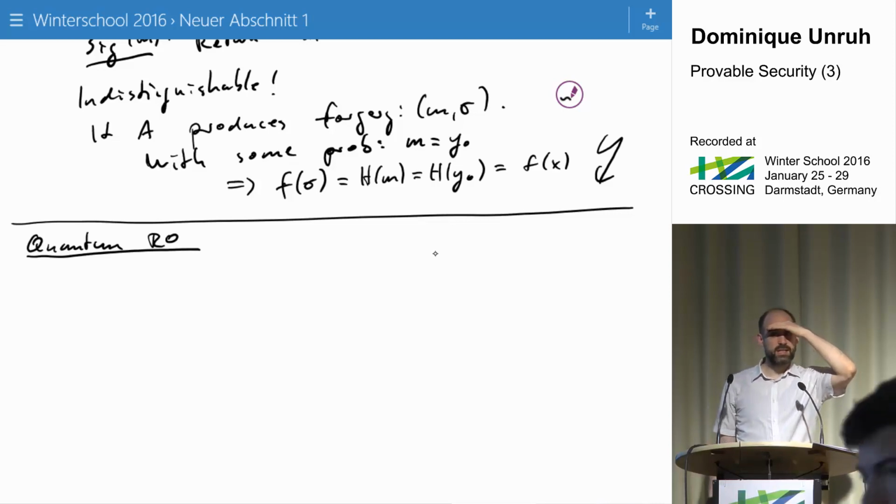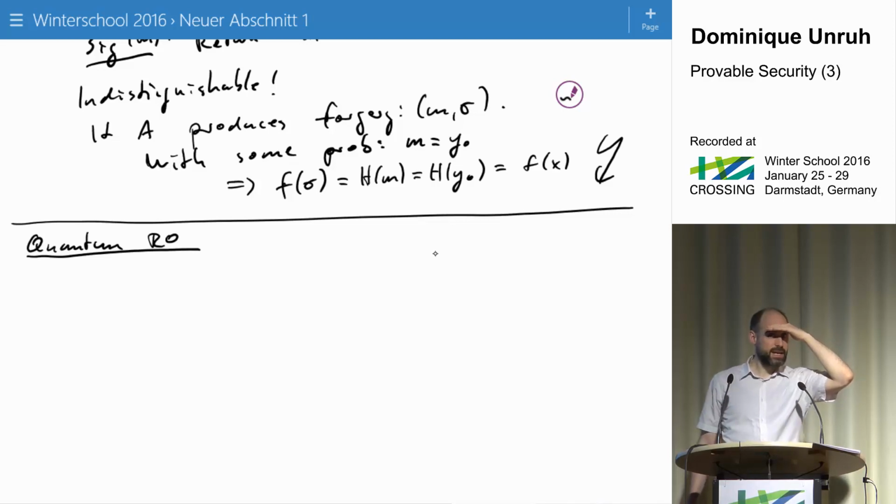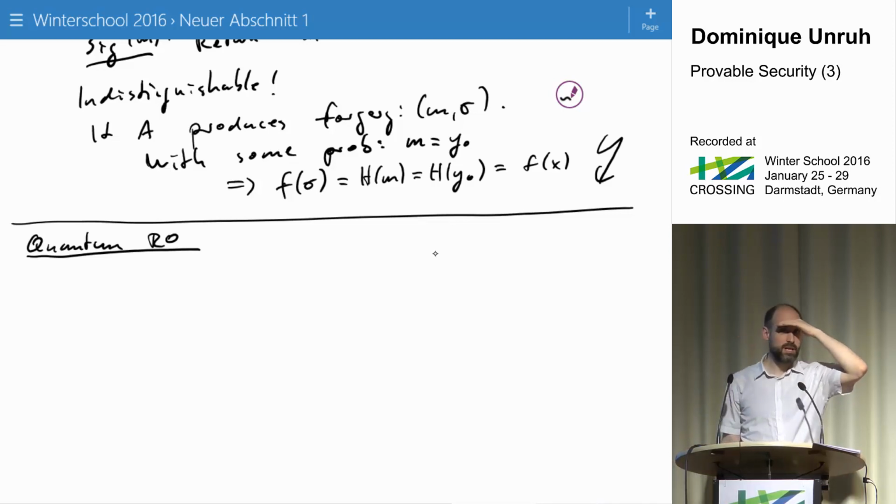No, it means that the probability of breaking the one-way function is closely related to the probability of breaking the signature scheme. So if the probability of breaking the one-way function is exponentially small, then the probability of breaking the signature scheme is also very small. I'm not sure exactly, I would have to look at the reduction a bit more in detail to see how much it drops.